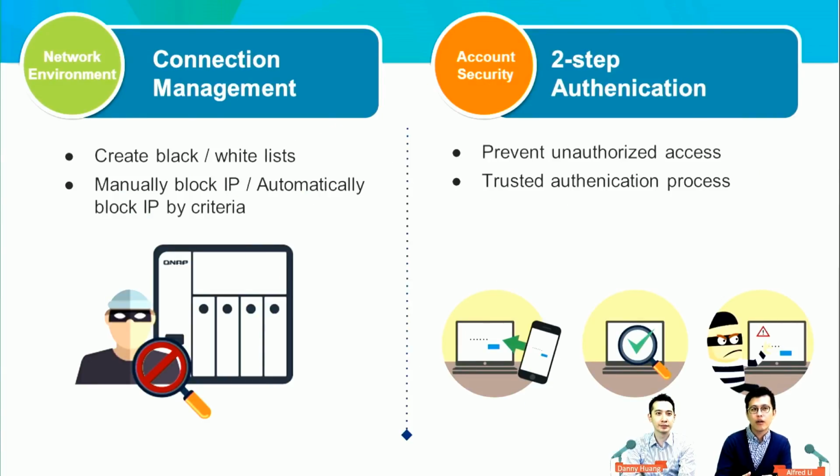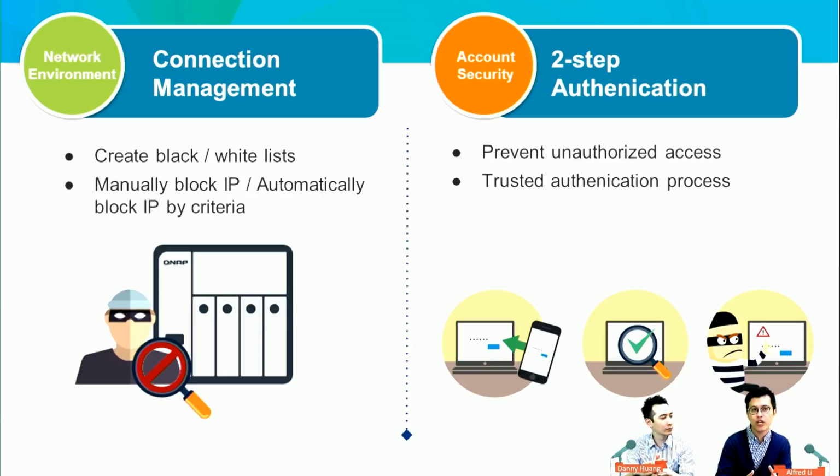The first thing is connection management. As you know, this is a web service, so the user has to log in first based on user permission. Can you imagine someone is trying to connect and you don't know who they are, or they want to try your password?